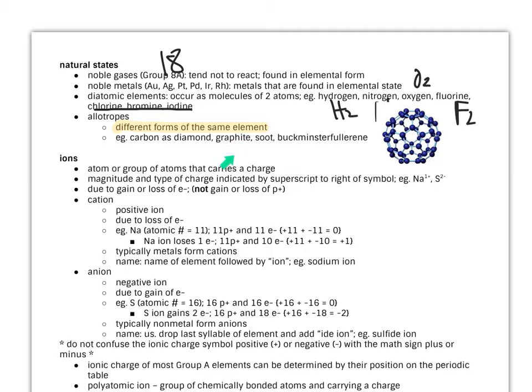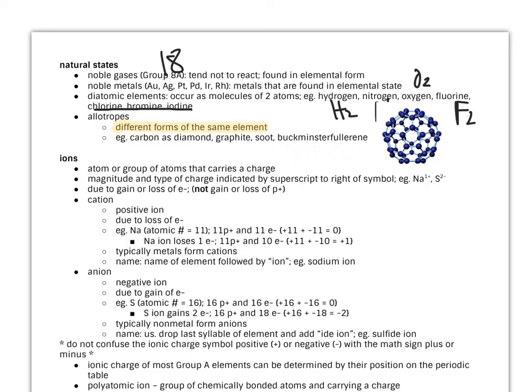Graphite structure, for example, they basically form layers, parallel layers on top of each other. So that's why we can write with it, because those layers just chip away. And soot really doesn't have a structure because it's very fine and made from breaking things down. And then this other man-made or synthetic allotrope of carbon is one called Buckminster fullerene.